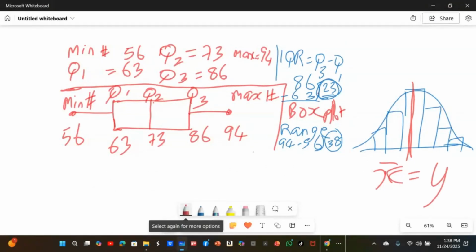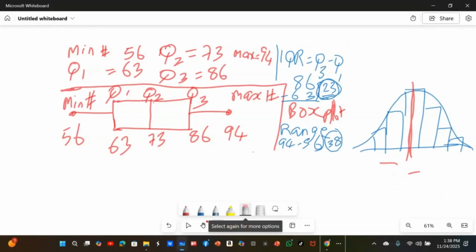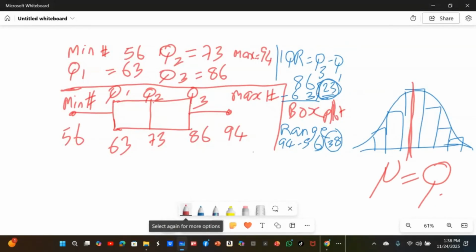If a data is approximately normal, the mean is equal to the median. Well, we say approximately. I can say mu is equal to the median. Let's call the median Q2. So whenever a data is approximately normal, the mean is equal to the median.